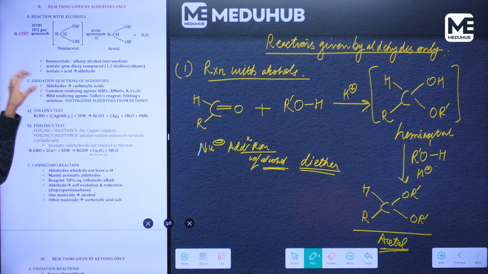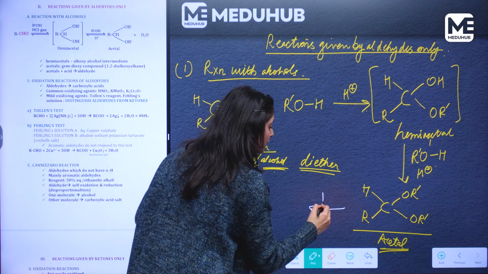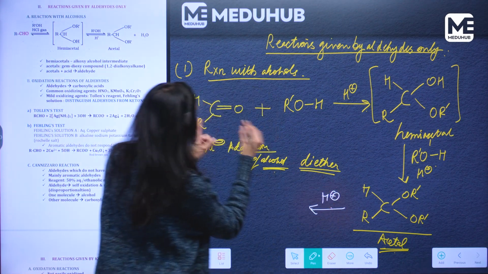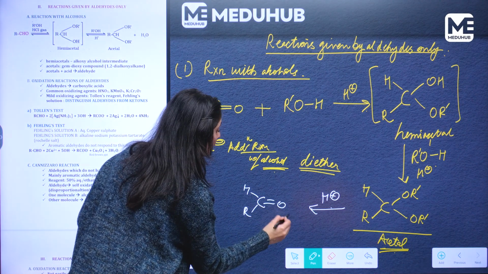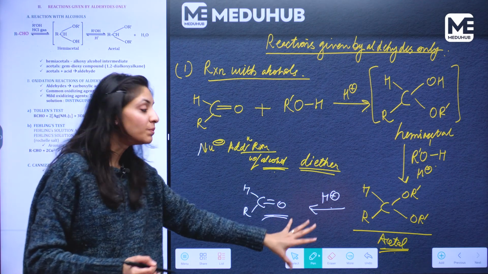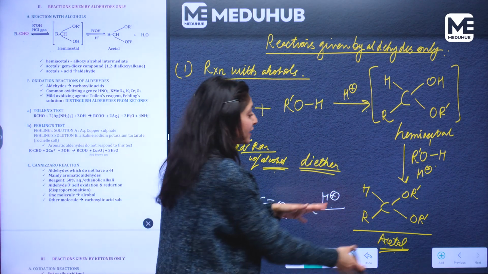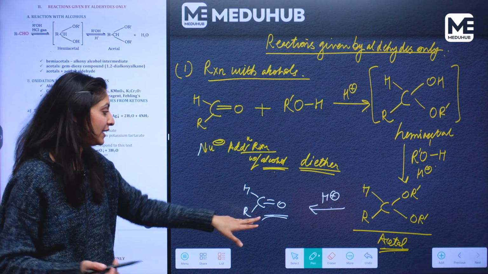Now, these acetals, when treated with acid, give back the aldehyde that we started with. But they do not react with bases. So it is a very good method of protecting this group so that we can use this reaction for the purification of aldehydes.